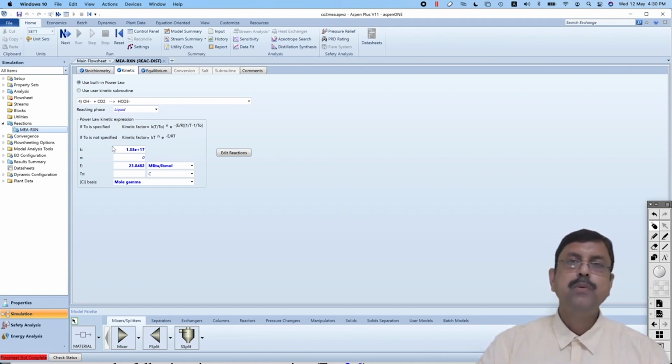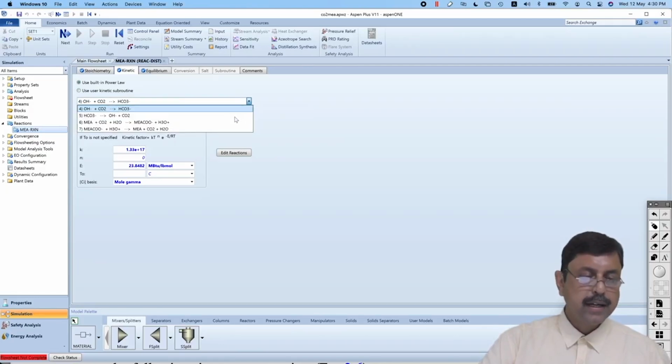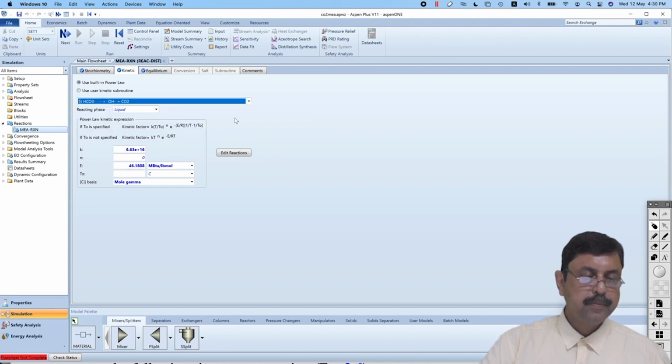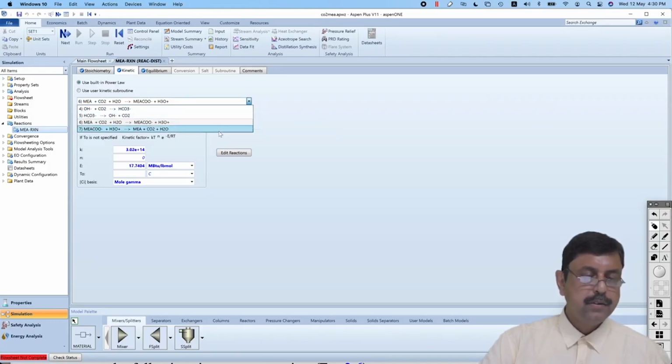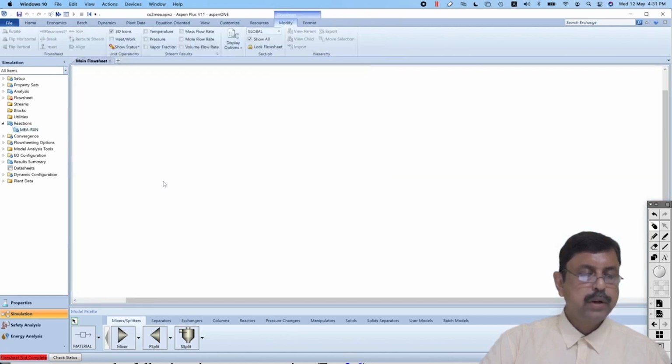So from there, we have gathered the data and added. So if you want to know the data, this is the fourth reaction. That is the first kinetic reaction. The second kinetic reaction is this one. These are the data. Third kinetic reaction will be like this. And the fourth kinetic reaction will be this. So these are the four reactions. We shall use them when needed.